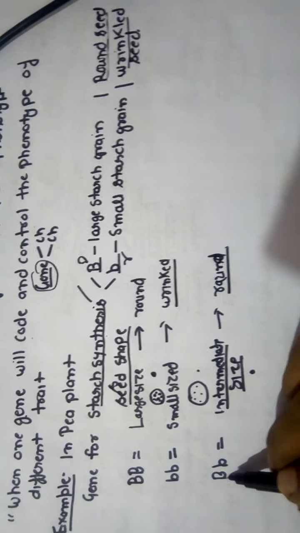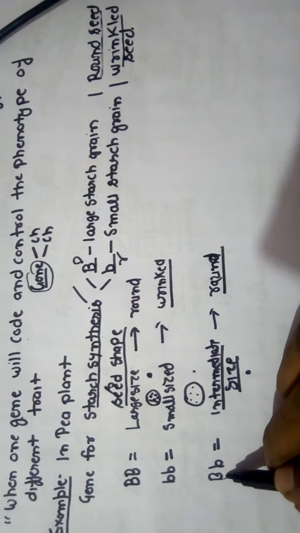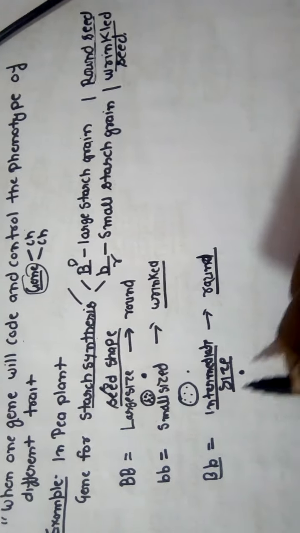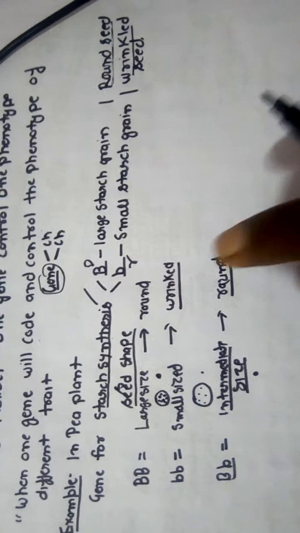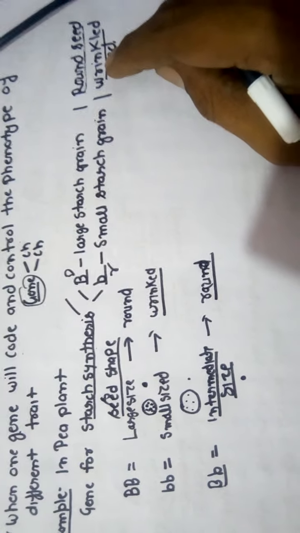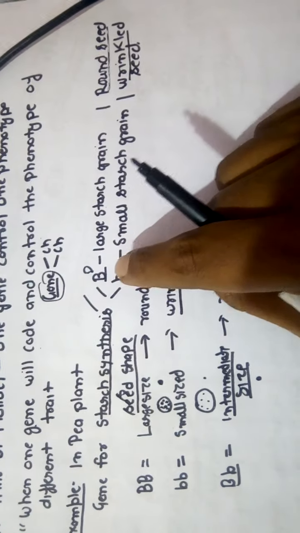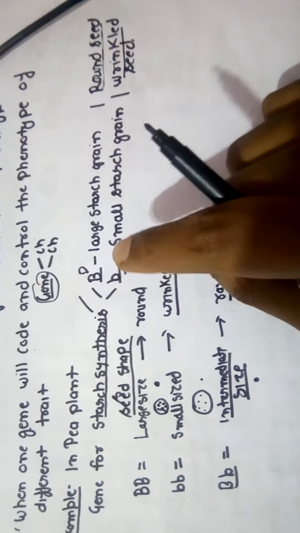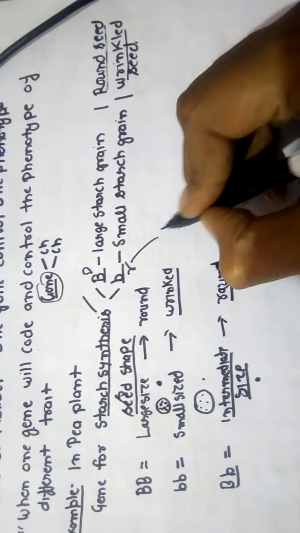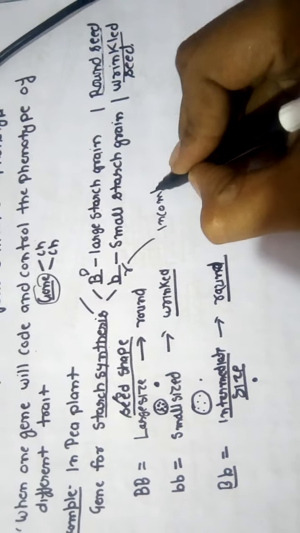That means capital B is not completely suppressing the small b, and a third phenotype is appearing. That means these two alleles for the seed shape character show dominance, but for starch grain size they are an example of incomplete dominance.